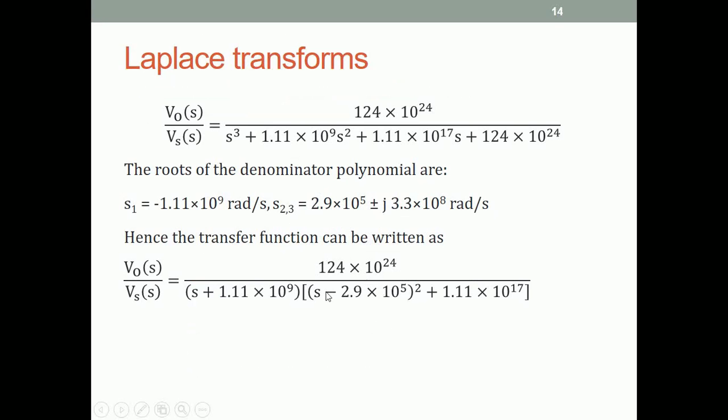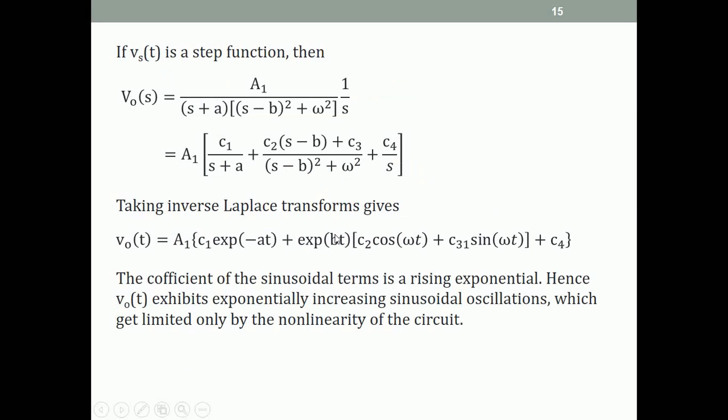Alright, that negative means this is positive, and if this is positive, then this exponential is negative. All right, and the sinusoidal will die out as a function of time, and the output will not be unstable. It will be stable, but it will be underdamped, so that the output will show sinusoidal oscillations that will die out as a function of time, which is of course a property of underdamped systems.